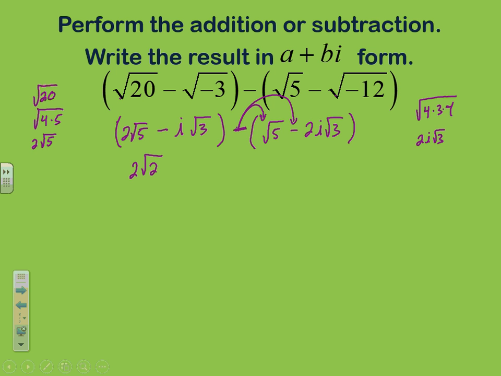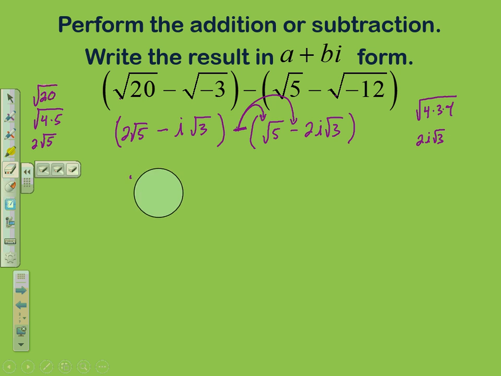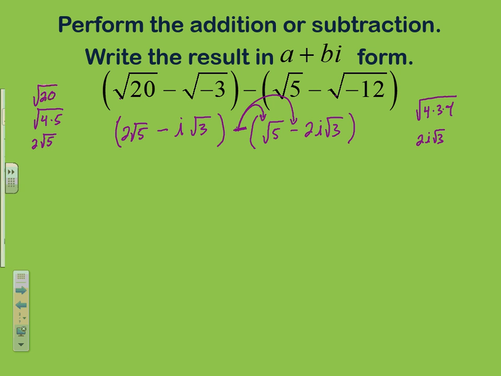So 2 radical 5, minus i radical 3. Here, when we distribute, the negative times the positive radical 5 will give me a negative radical 5. Negative times the negative 2i will give me a positive 2i radical 3.